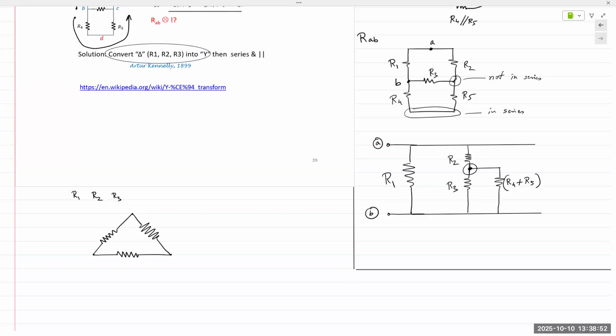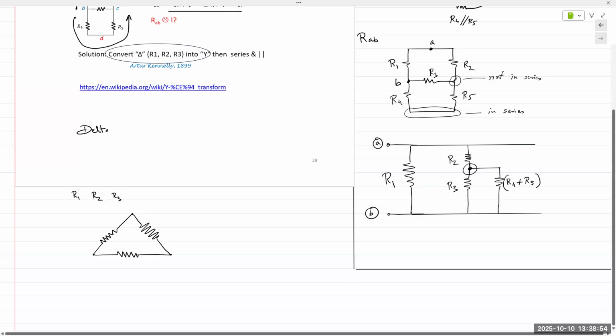It is sometimes also stated as the delta to Y transform. And there is also the Y to delta transform.